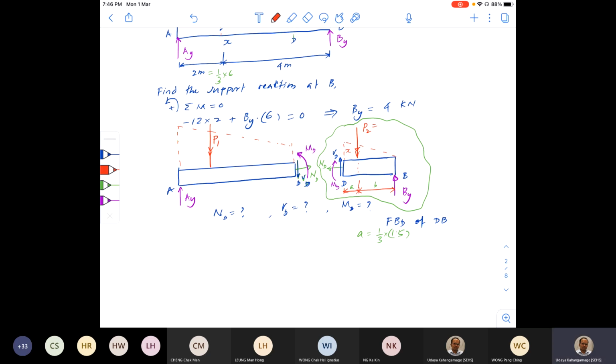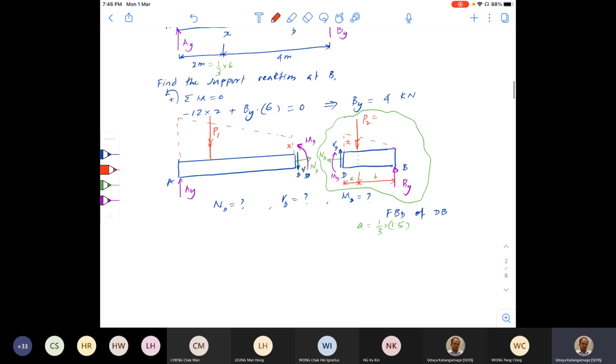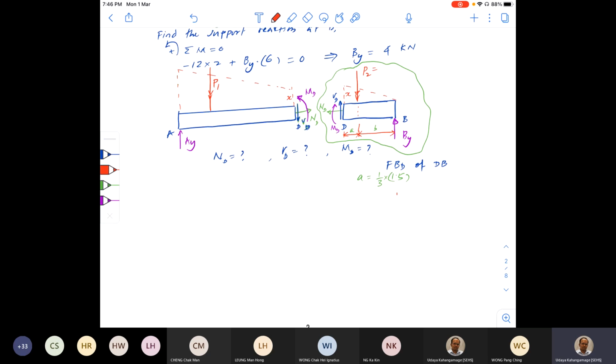I'll mark it as X. Also X. Okay. So if I draw a triangle showing that portion like this now, this is X, and the total distance here is 1.5. Oh, sorry. Yeah, it is 1.5, right?